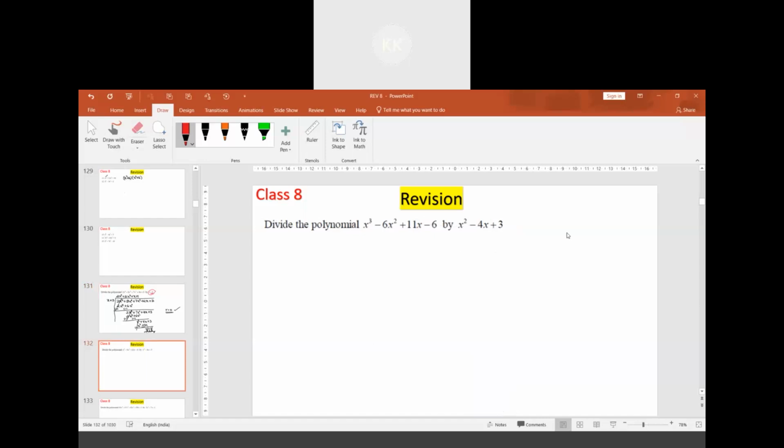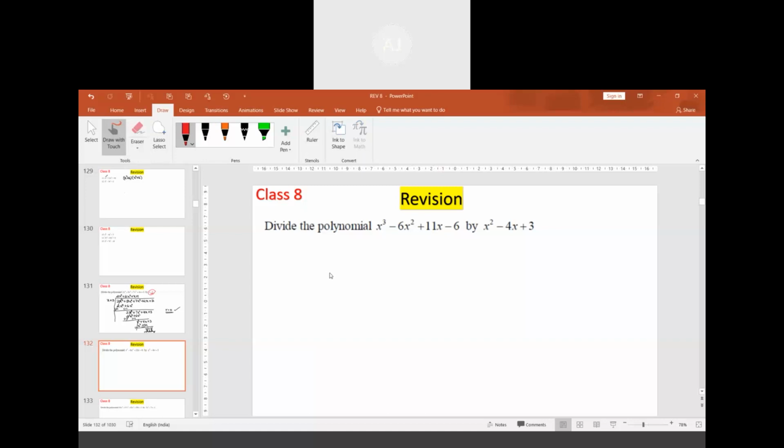Now you observe in this question, there is a trinomial given here. The divisor is a trinomial. It's a biquadratic expression. This is a cubic expression. Will you try this? Yes, sir. Should we factorize that trinomial, sir?